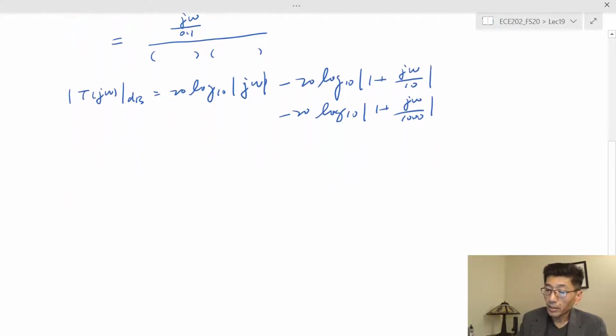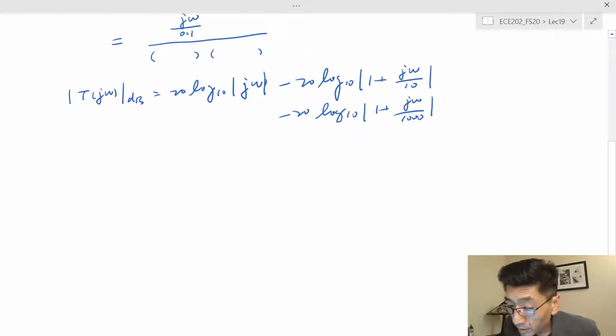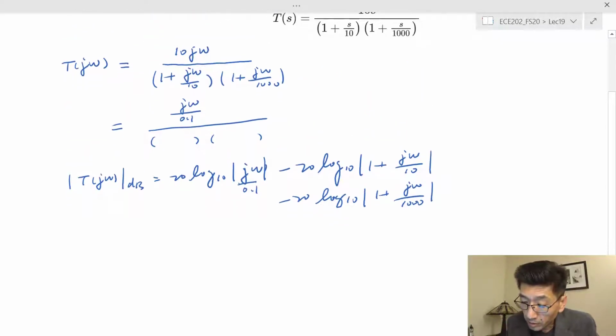I think I forgot the 0.1 there, so let me rewrite that: jω over 0.1.